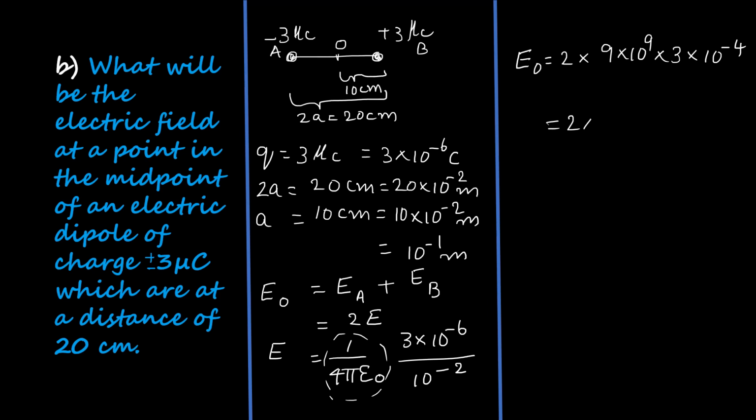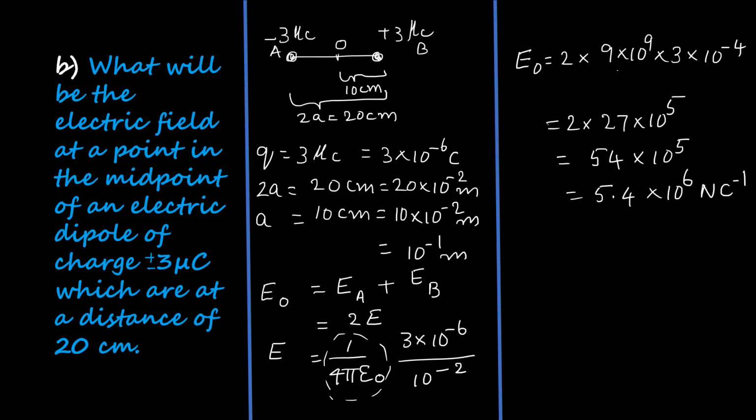This becomes equal to 2 into 9 into 3 becomes 27 into 10 raised to 9 into 10 raised to minus 4 becomes 10 raised to 5, equal to 54 into 10 raised to 5 equal to 5.4 into 10 raised to 6 Newton per coulomb.